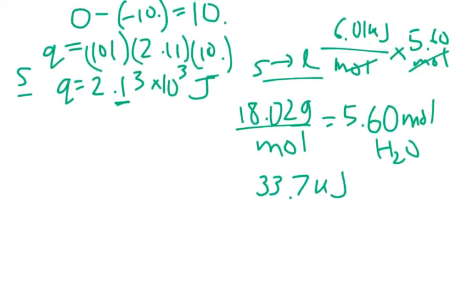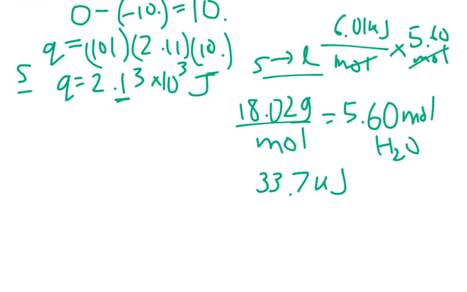And we want to make this in joules, so 33.7 times 10 to the third joules. I'm just trying to match the units. And in order to make the scientific notation, we can just move one decimal place to the left. So 3.37 times 10 to the 4 joules.